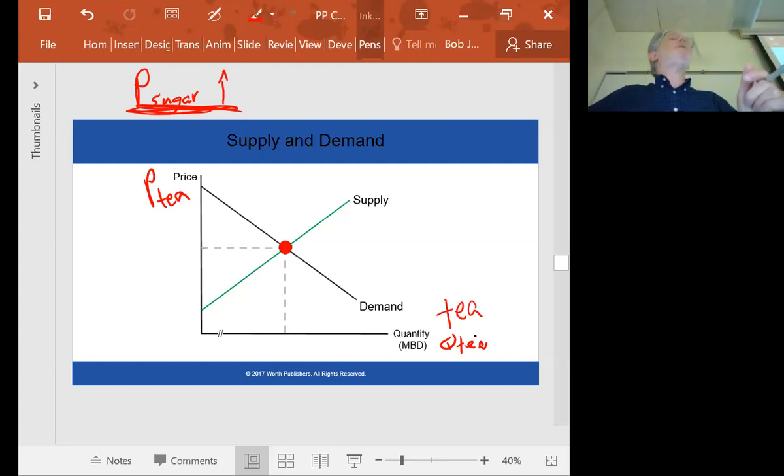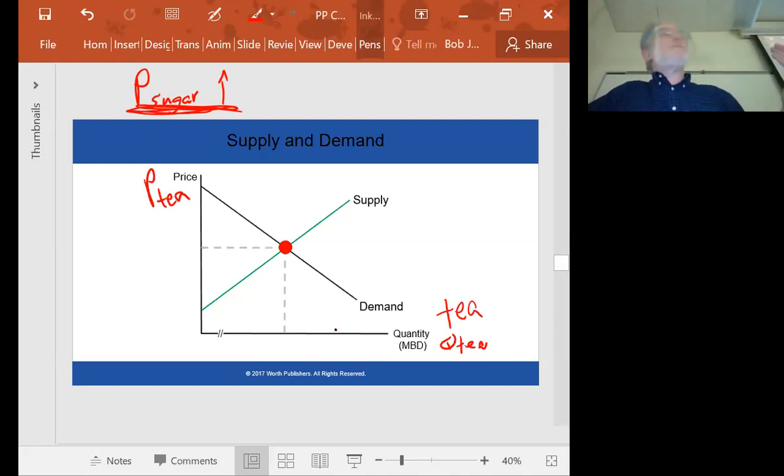The producers will be affected, but only indirectly once the consumers change their behavior. So since this is a shift factor for demand, the demand curve is going to shift. So now you have to ask, is it going to shift to the right, an increase, or is it going to be a decrease, a leftward shift?